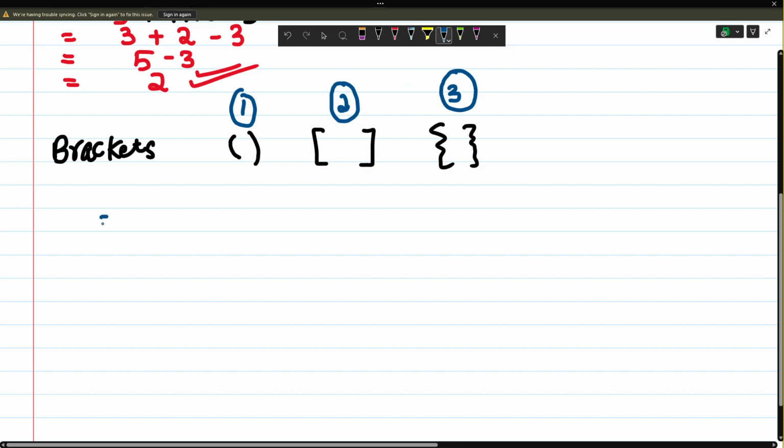Okay? So for example, if there was a question 3 minus 4 bracket 3x minus 8 and normal bracket 4, this is how the questions are going to be for such bracket questions. ठीक है?